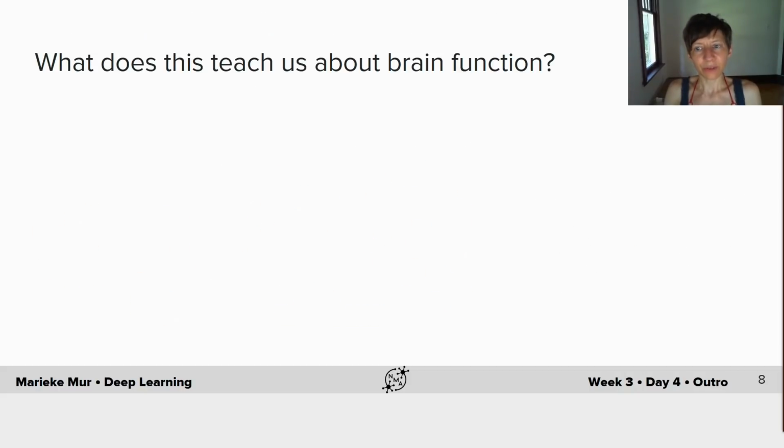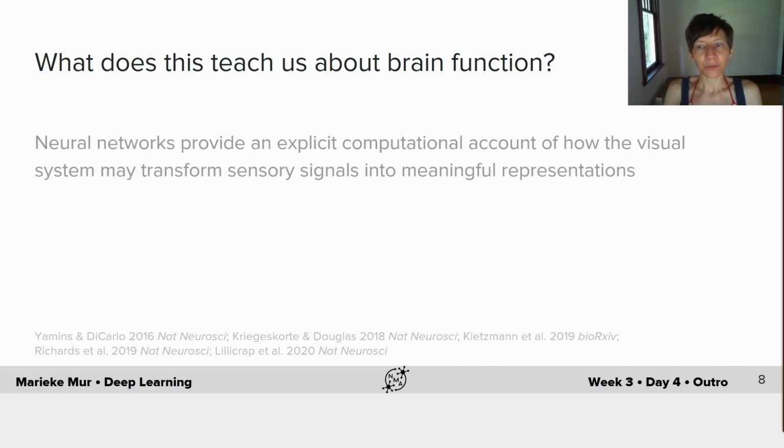While this is exciting, we should also ask what these results teach us about brain function. The fact that a neural network can predict the brain's responses to images does not necessarily mean that the underlying computations are shared between the network and the brain. However, neural networks do provide an explicit computational account of how the visual system may transform sensory signals into meaningful representations. They force the researcher to make decisions about network architecture, learning rules, and learning objectives.